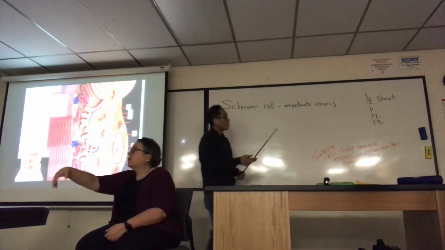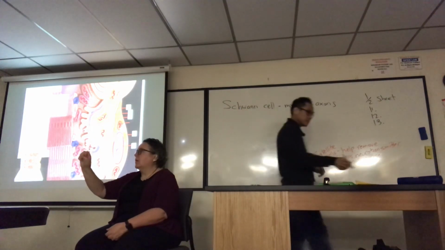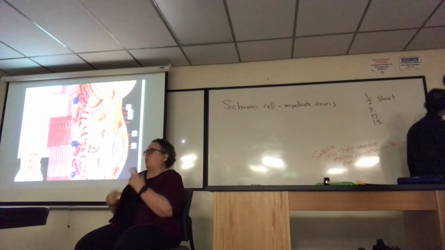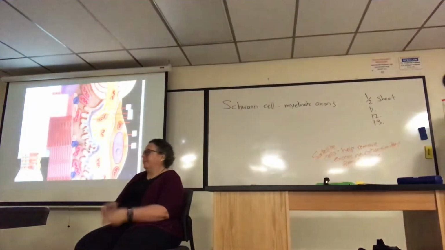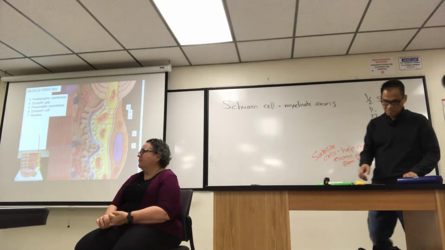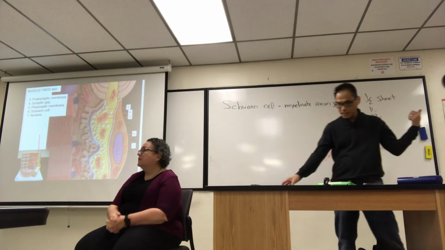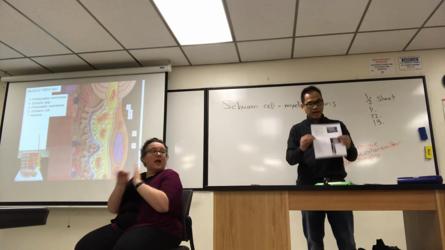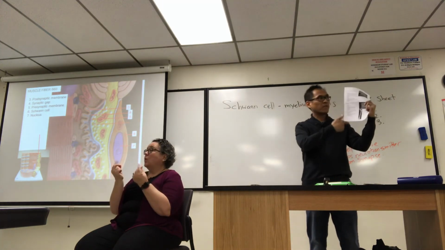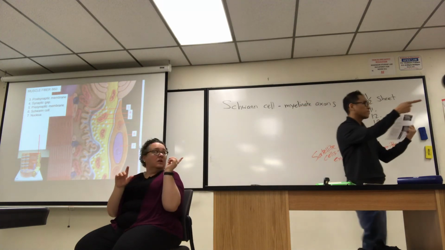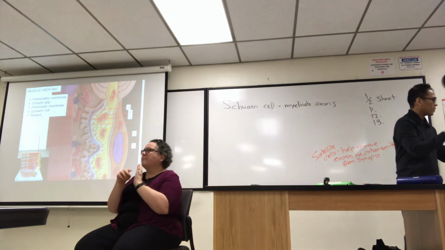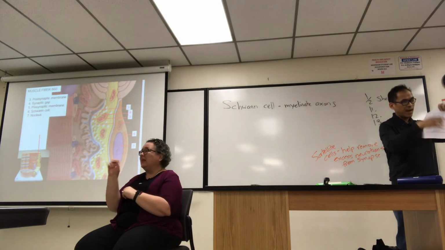Okay, let's shift gears in the lab. I got the models out, and I put a key for the models. People think that the key has the answers for this.